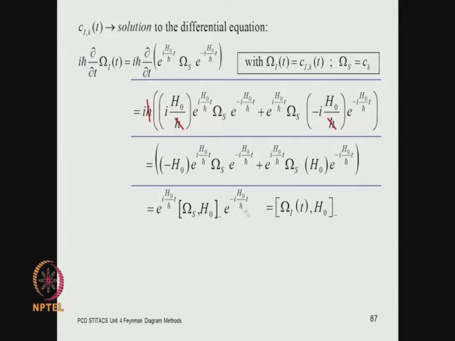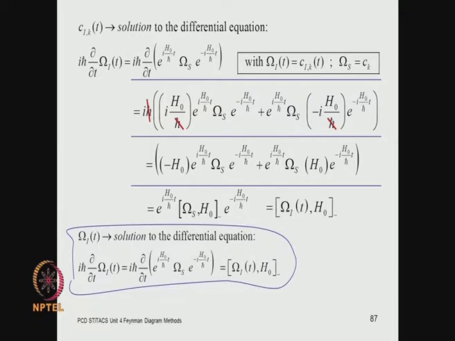So, this is nothing but omega_I(t), which is the interaction picture operator corresponding to the Schrodinger picture operator omega_s. That is what you get, because H_0 of course commutes with e to the i H_0 and also with e to the minus i H_0, these being expansions in powers of H_0.